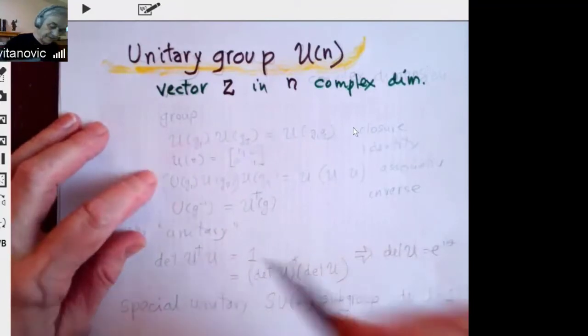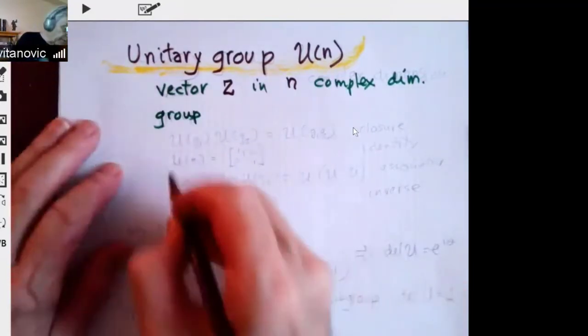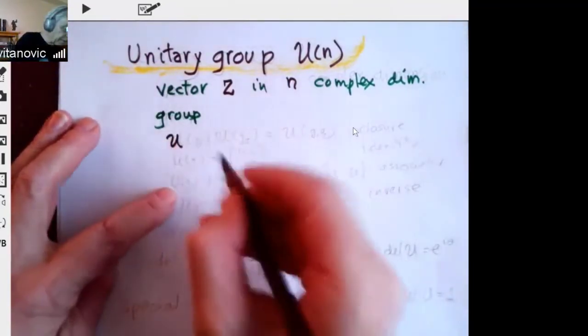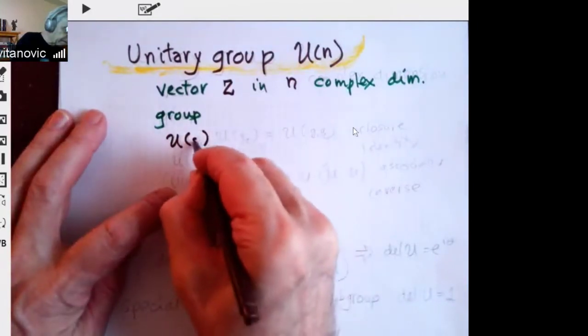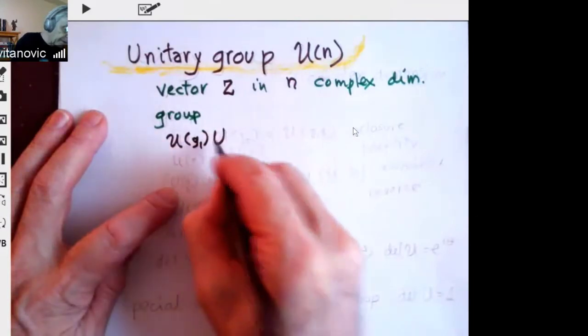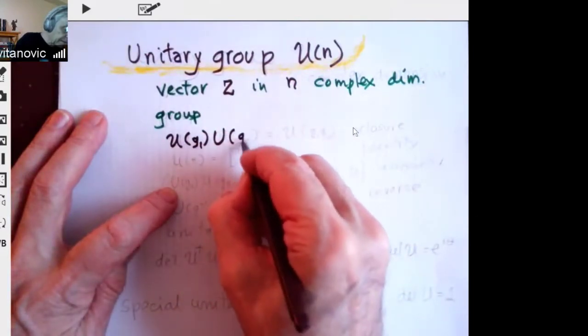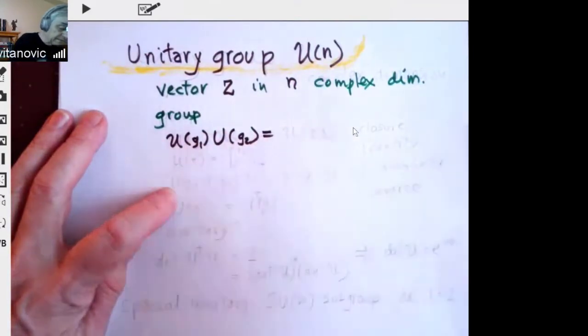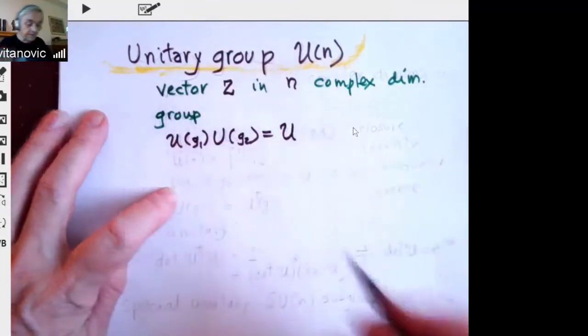What's the group itself? We have the first property: you take a d-dimensional complex matrix, you multiply it, and you associate this with some abstract group operation G1, G2. You multiply them, and you get a complex matrix.